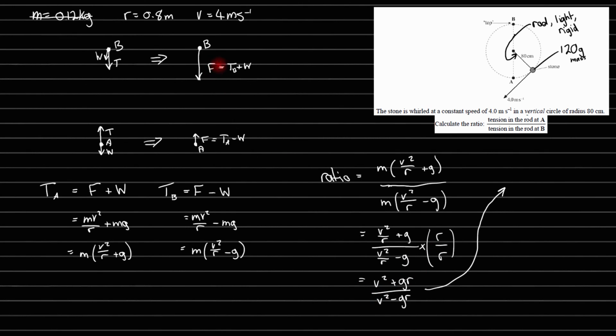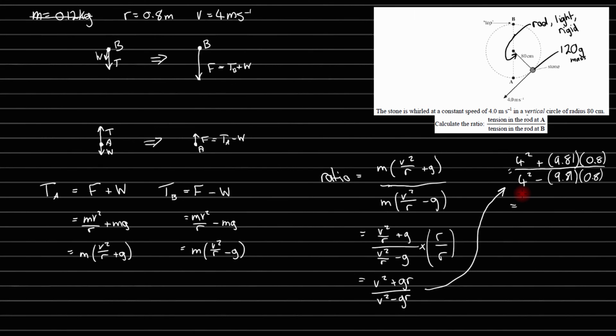And finally, we can input our values. The speed v is 4, so we have 4 squared, plus g times r, g being 9.81 and r being 0.8, all divided by 4 squared minus 9.81 times 0.8.